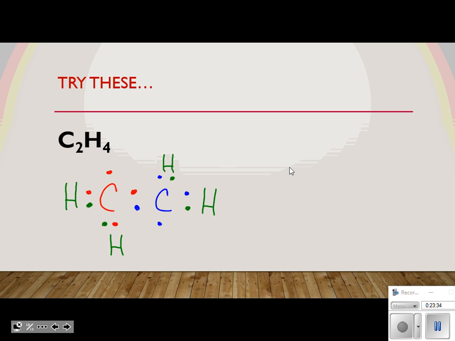Well, I can see that I have an open one here and an open one here, right? What I need to do is just shift those open ones and make a double bond.